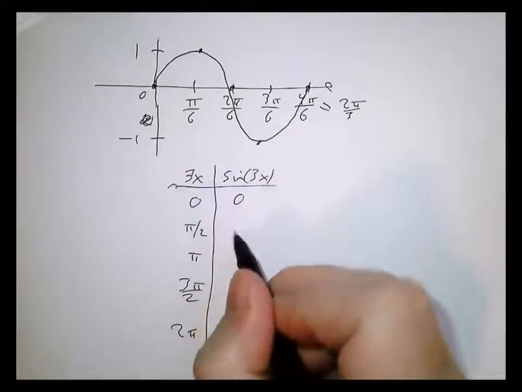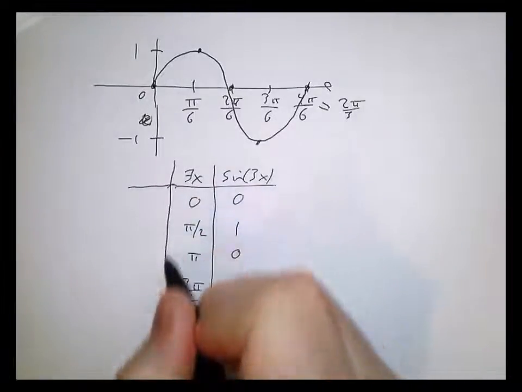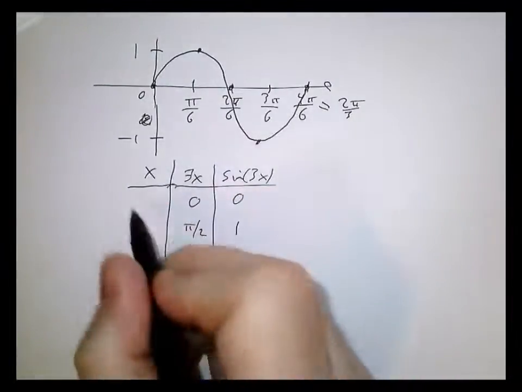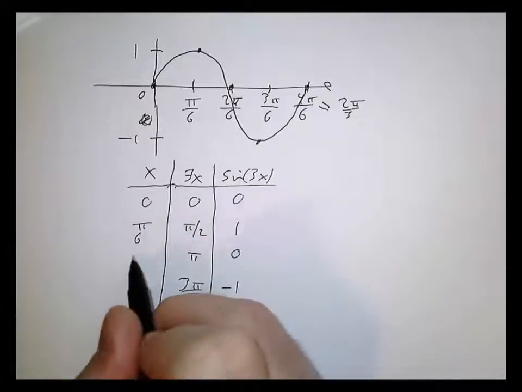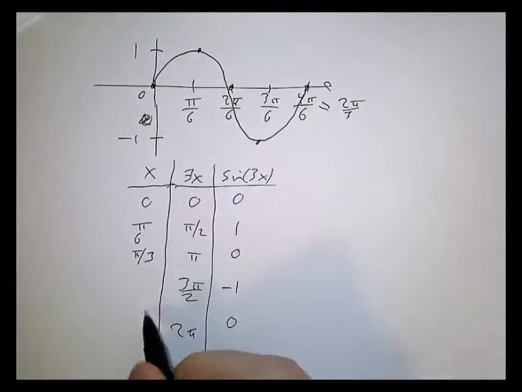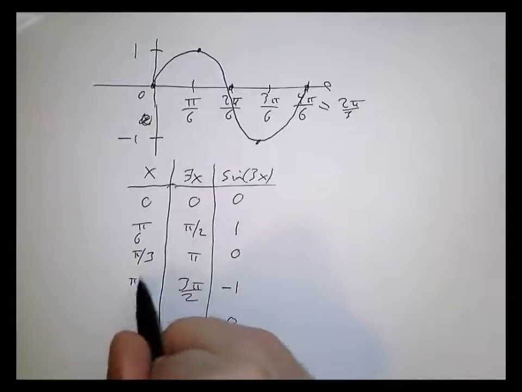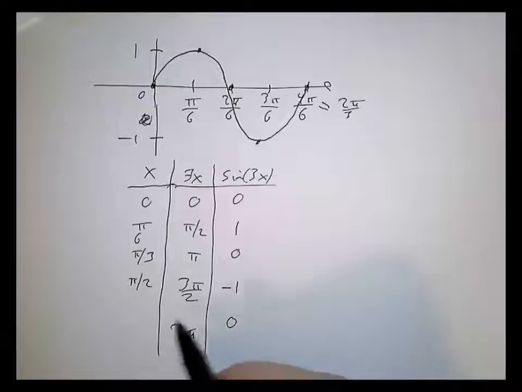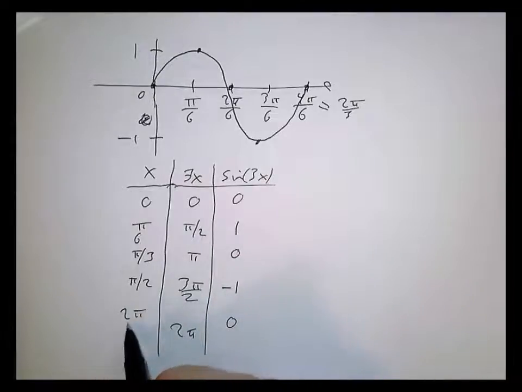So this would be 0, 1, 0, -1, 0. But my x's here have to be 1/3 of this. So I have 0, pi over 6, pi over 3. And then here I'm going to have pi over 2. And then here I'm going to have 2 pi over 3.